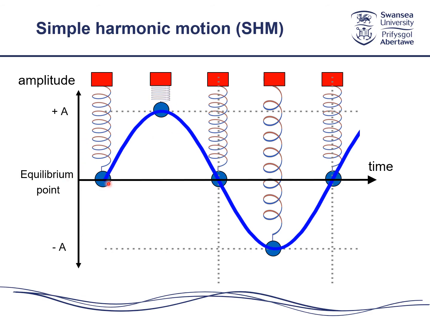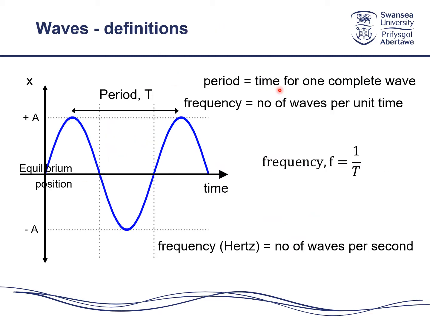Looking at this displacement versus time graph carefully, you can see that it is a sine wave or a cos wave, depending on where you define it passing through the origin. As it is a wave, we can employ certain definitions. One of these is the period of the wave, T, which is the time for one complete wave, as time is on the x-axis.